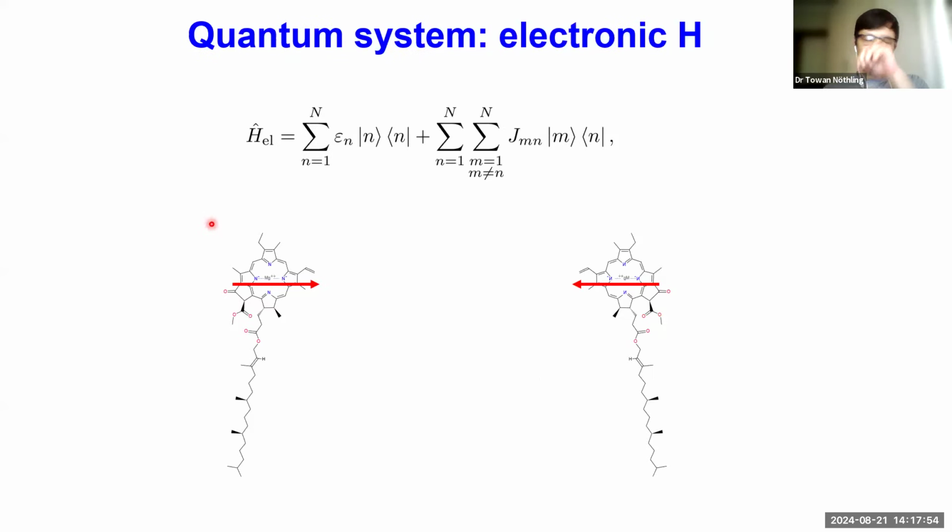Okay, so we also need to discuss the electronic Hamiltonian. So let's consider a system of two chlorophyll molecules with the dipole moments as indicated. Each of them has a characteristic transition frequency, the energy required to go from the ground to the excited state. And these energies feature in the Hamiltonian. There they are, the epsilons.